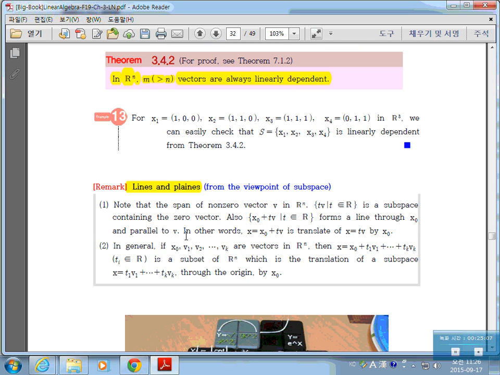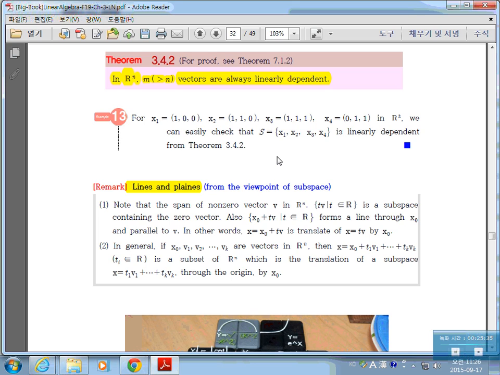Next, this is the last theorem in section 3.4. In Rn, if m is bigger than n, then a set of m vectors in Rn is always linearly dependent. If you have Rn and you have more than n vectors in it, then that subset is always linearly dependent.